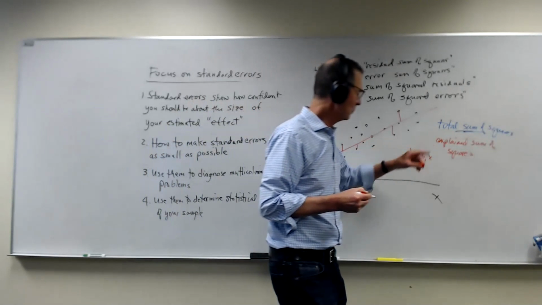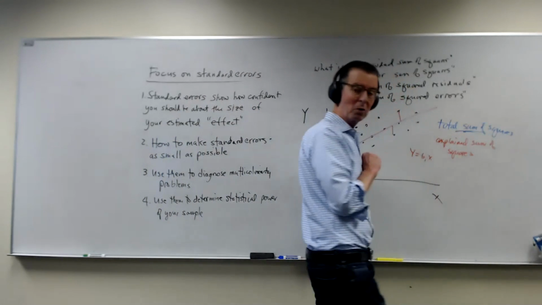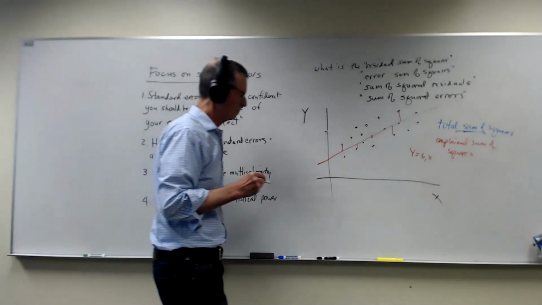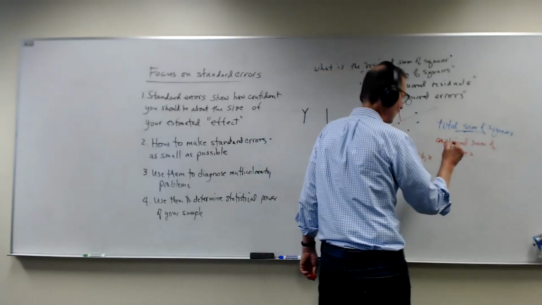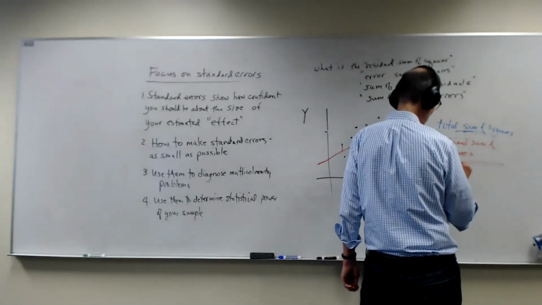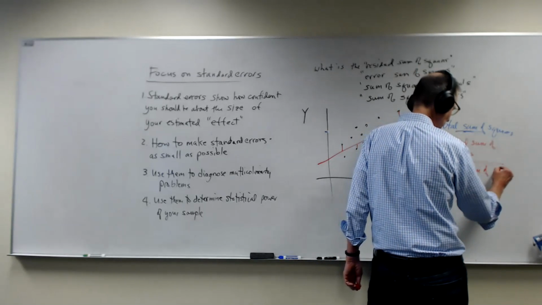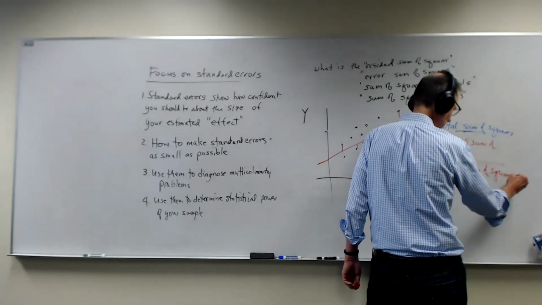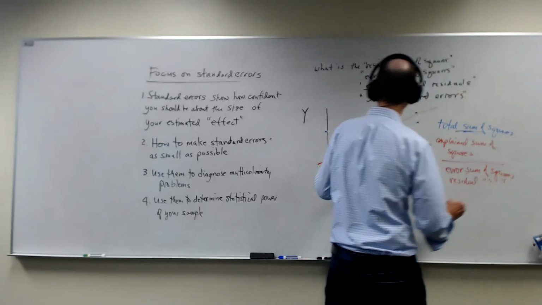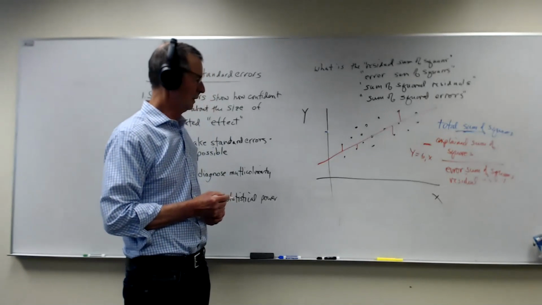So the explained sum of squares is going to be a substantial number, not as big as the total sum of squares, because you still have some unexplained distances here. But if you take the total sum of squares minus the explained sum of squares, then you get the error sum of squares, the residual sum of squares. No, sum of squared residuals, no, sum of squared errors, right? It all means the same thing.